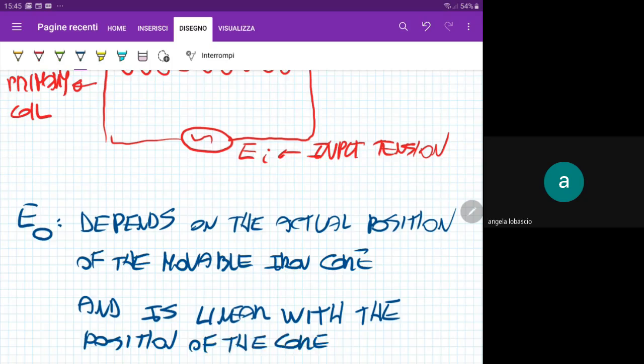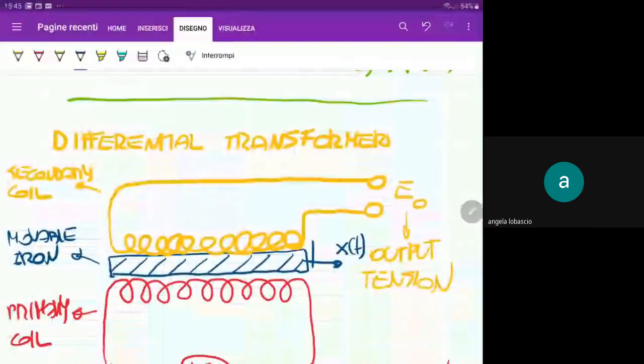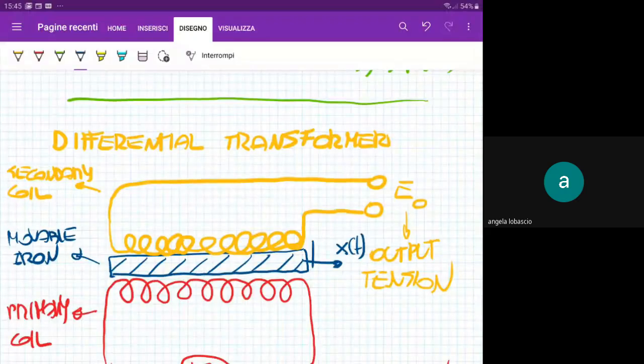Let me call it X position. In your general layout, it depends on the position of the movable iron, the core made of iron. So we have the X, that is the position of your movable iron, the core of the system.